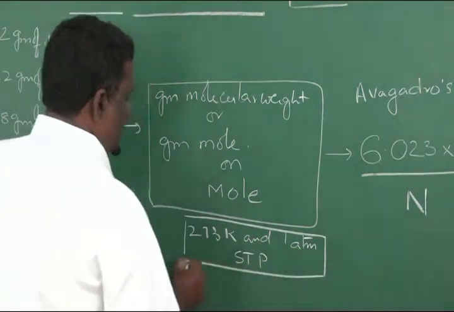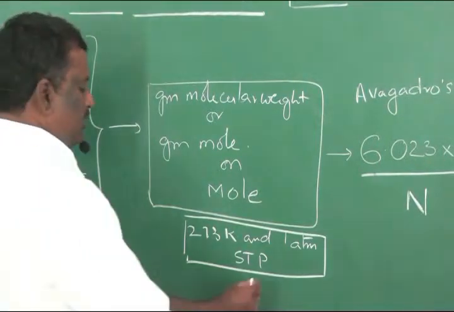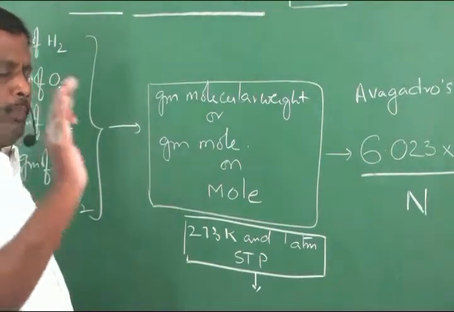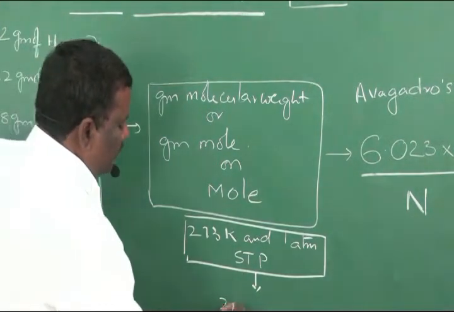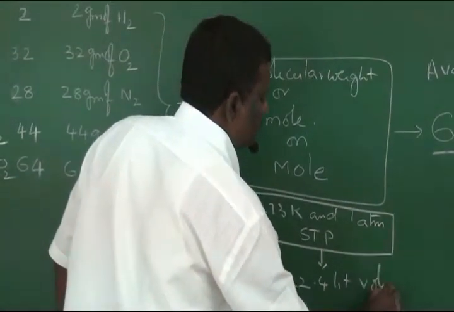In STP conditions, if a substance is in gaseous state, it occupies 22.4 liters volume.